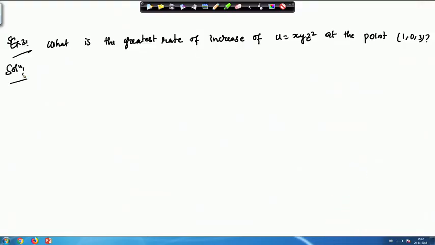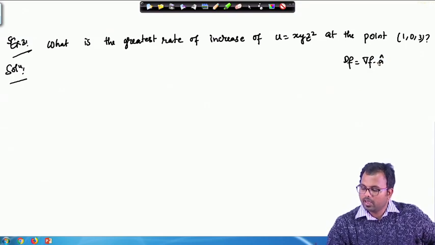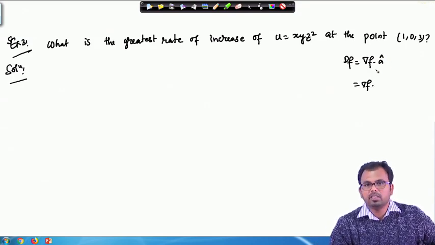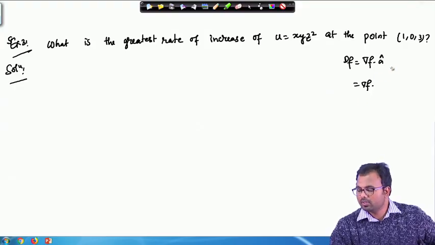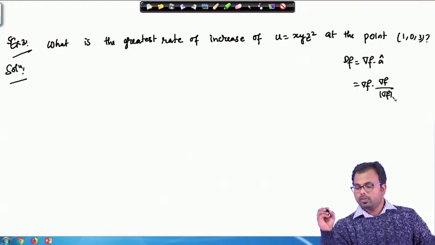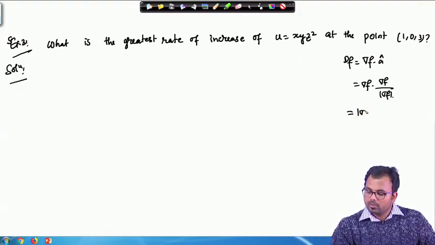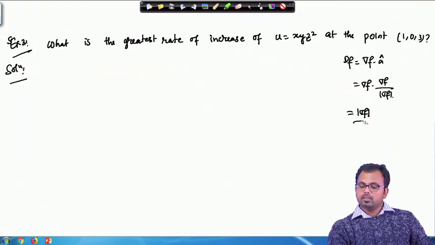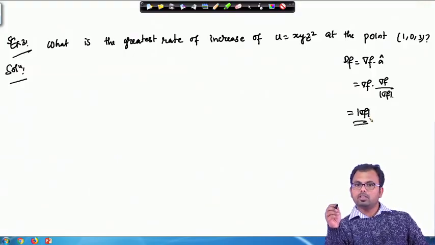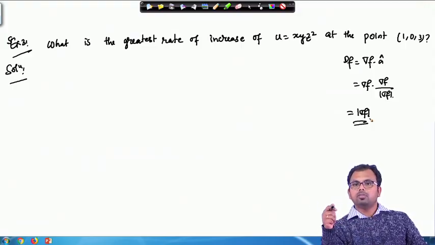If we have df equals gradient of f dot a cap, where a cap is a unit vector along which we are calculating the directional derivative, and a cap equals gradient of f by mod of gradient of f, then this will be mod of gradient of f, and this is the maximum value of the directional derivative. So, the maximum value of the directional derivative is attained in the direction of gradient of f.